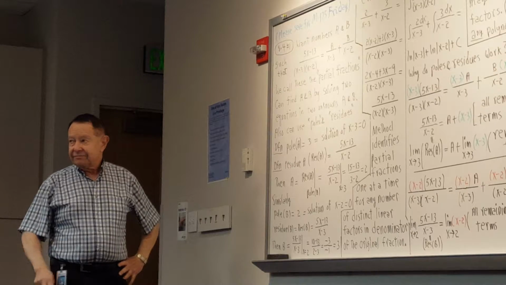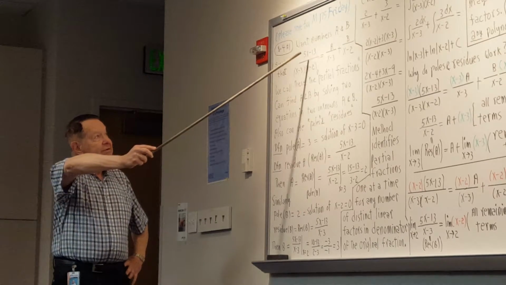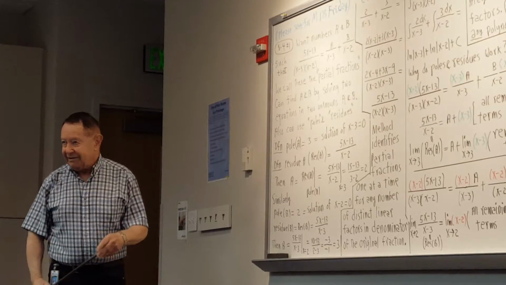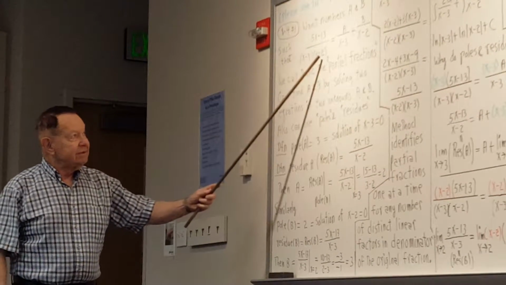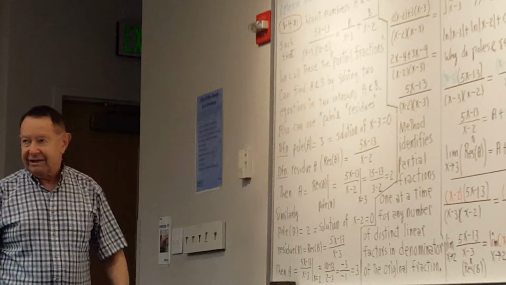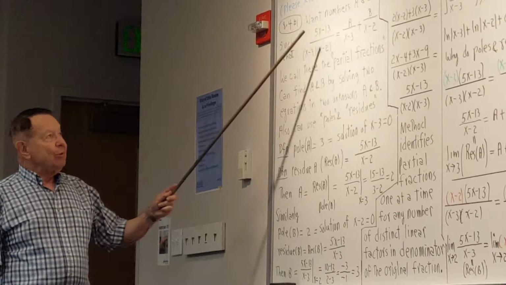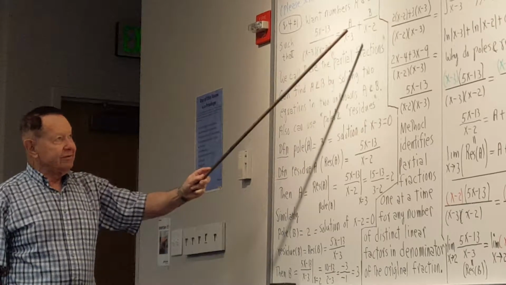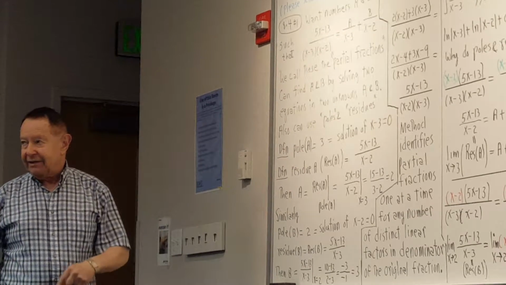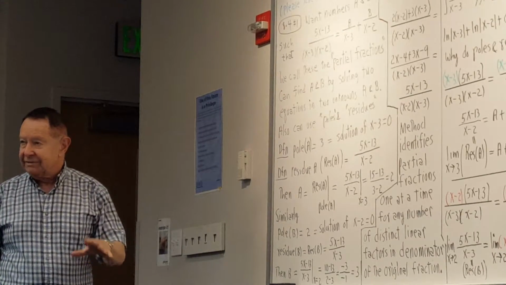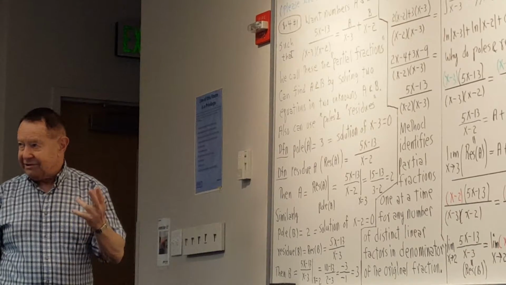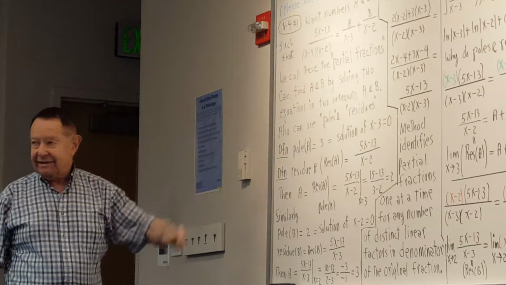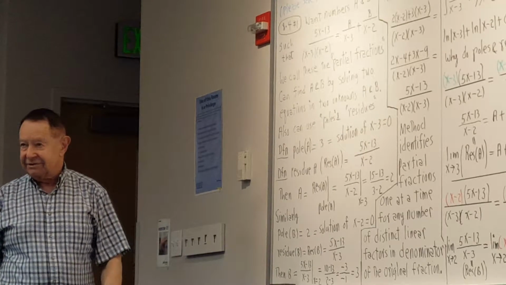So therefore, you could choose whatever x you like, other than 2 or 3, where you'd be dividing by 0, put that number in everywhere, and that gets you an equation with two unknowns, the A and the B, that you need to identify the partial fraction.